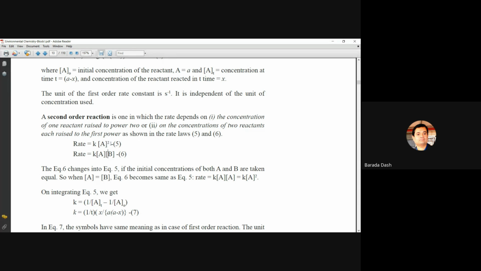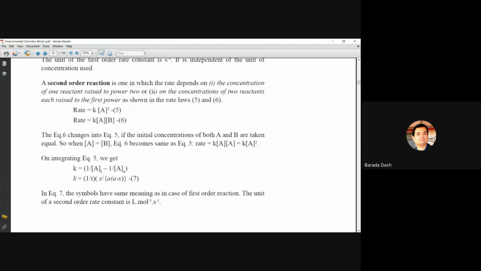If the power equals 0, then it is called zero order. So this depends on how much power is there.